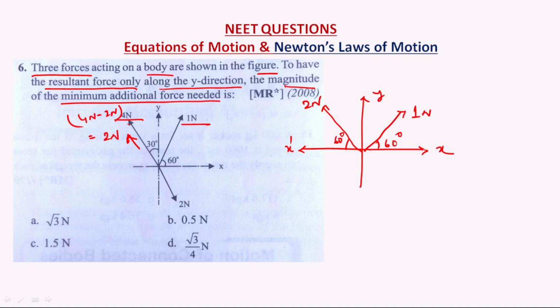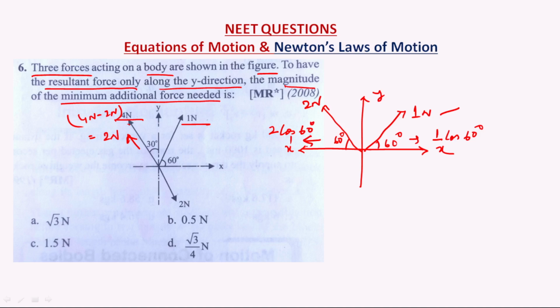Now the component of this 1 Newton acting in x direction is 1 into cos 60 degrees. And in this direction 2 cos 60 degrees is acting in x direction.